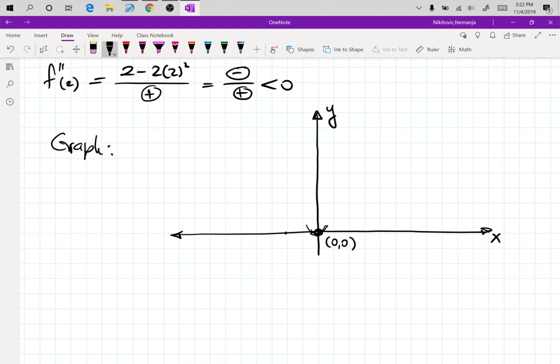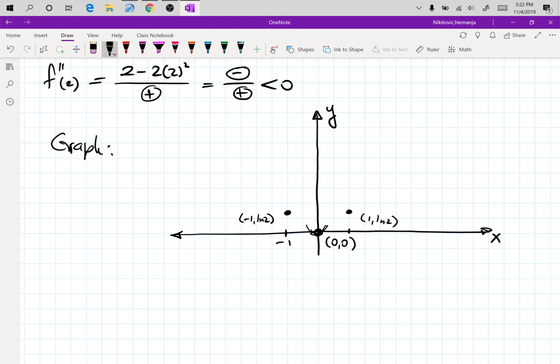Then you go out -1 and +1, and use your calculator to calculate ln of 2, so you can have these points. So this point over here is 1, ln 2, and this point here is -1, ln 2.